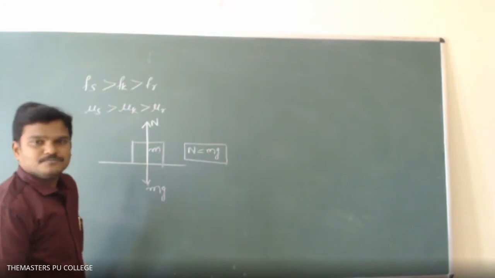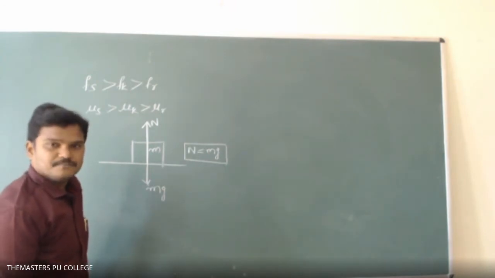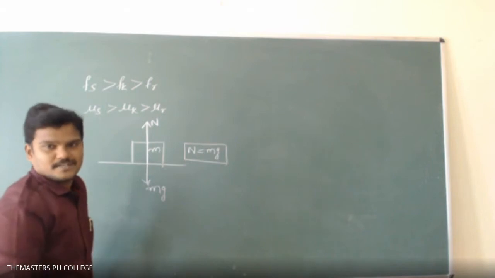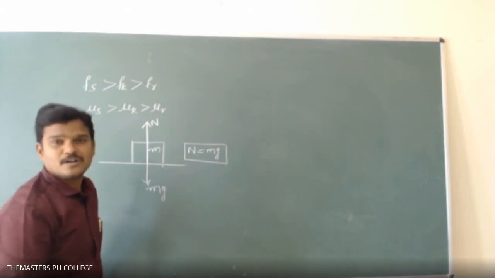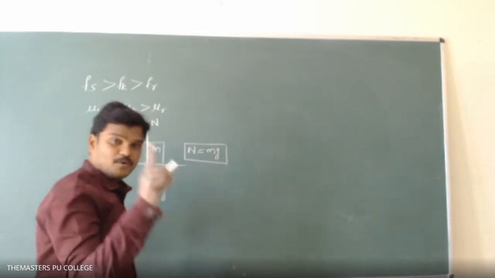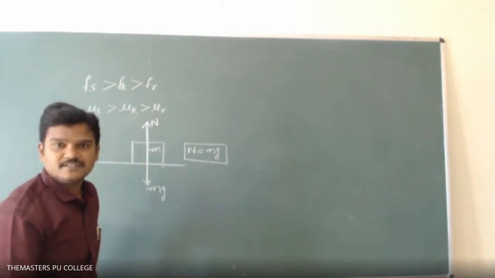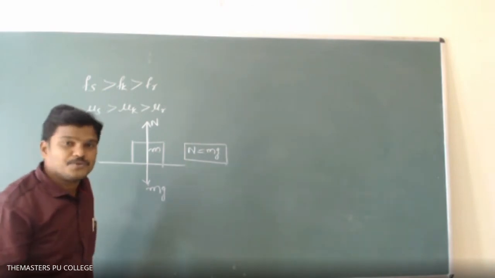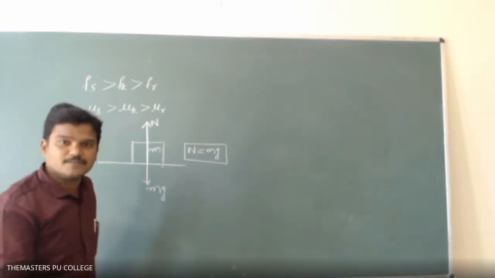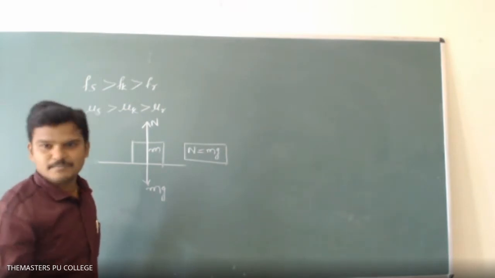Suppose they give two blocks, placed one over the other. Let us see how to get the normal reaction. If you are comfortable with the free body diagram concept, FBD, from laws of motion, from Newton's laws, then we can find it for two blocks, three blocks, any number of blocks.